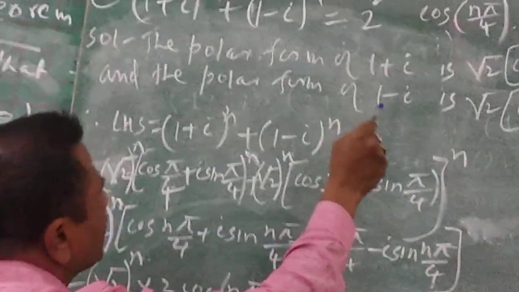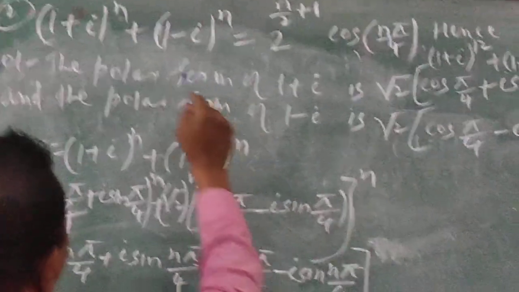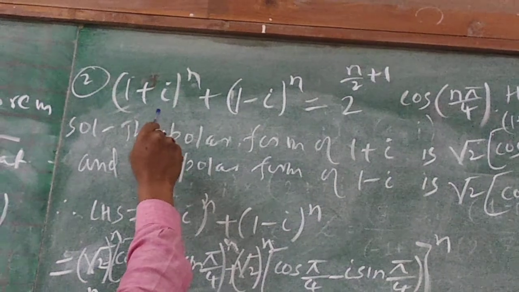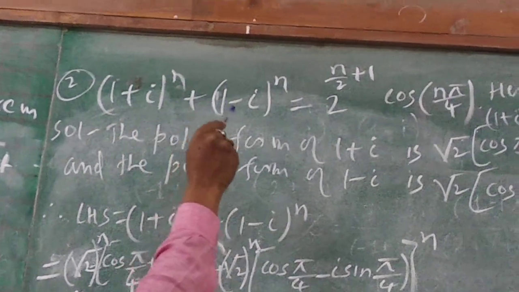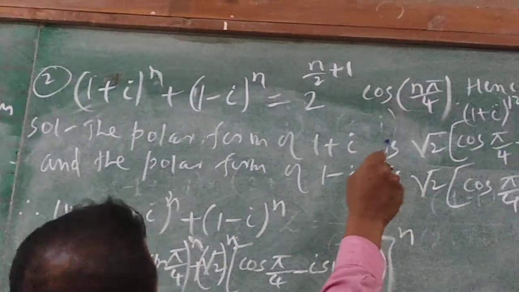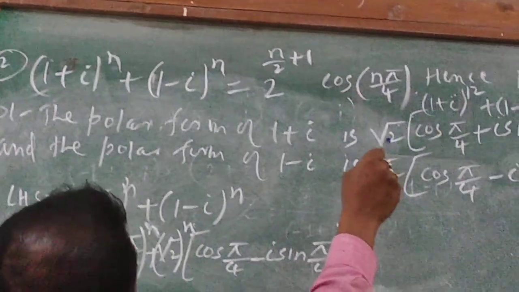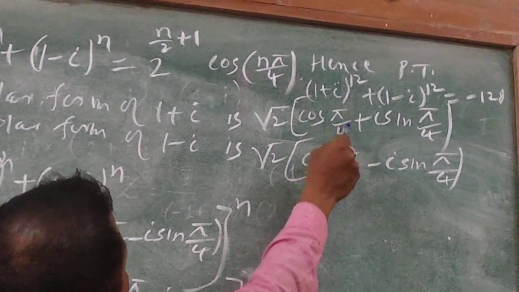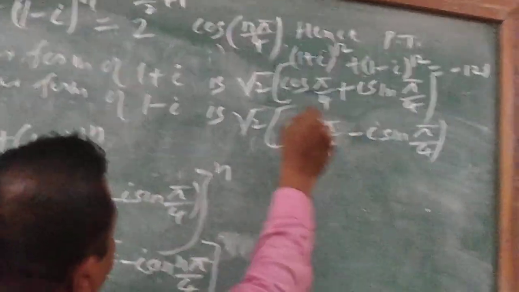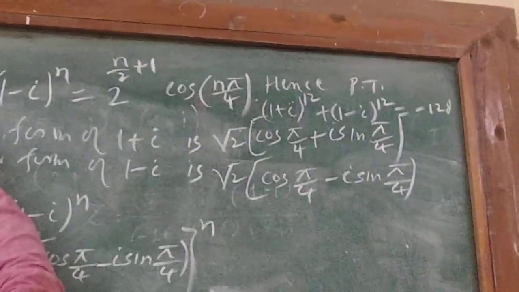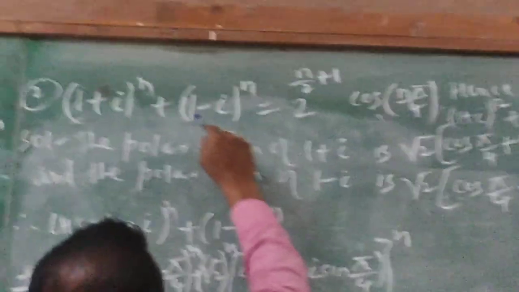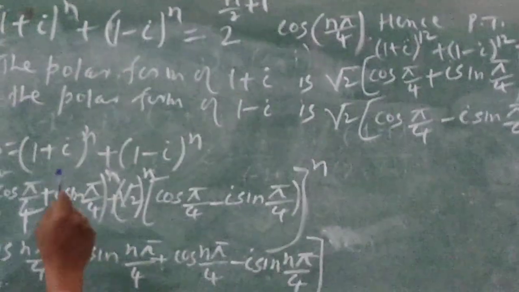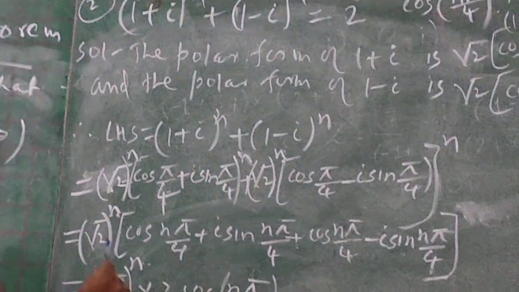By that formula it becomes root 2, and alpha, the argument theta, is tan inverse 1, which is pi/4. So root 2 into (cos pi/4 + i sin pi/4) is the polar form of 1 + i. Similarly, the polar form of 1 - i is this one.